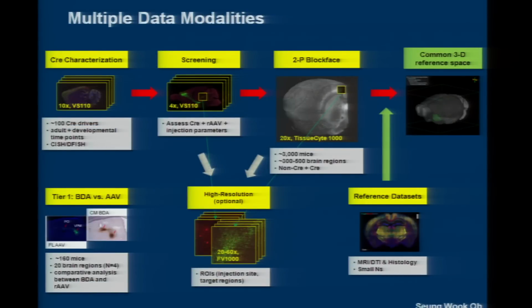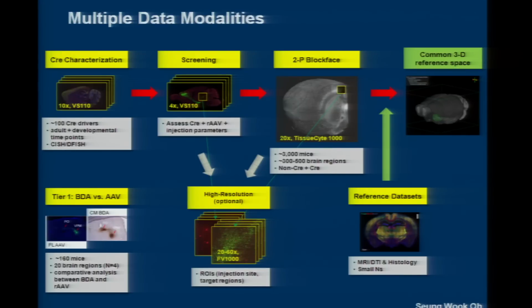So there will be multiple data modalities incorporated into this database. First of all, we will characterize all the different Cre lines that we will be using in the atlas. And this is ongoing work, and we have actually done a substantial amount of work in this. The characterization will be mainly done using our regular in situ hybridization platform.